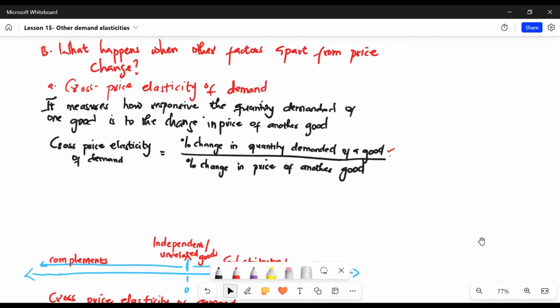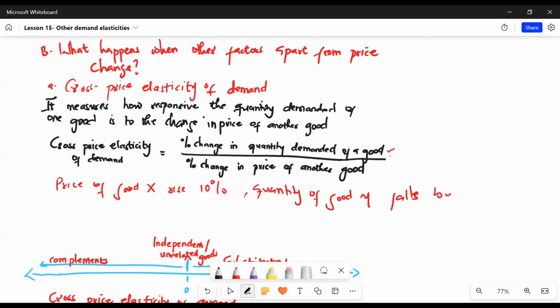So, for instance, if the price of good X rises by 10% and the quantity of good Y falls by 20%, then we can calculate the cross price elasticity for good Y as the percentage change in quantity demanded, which is 20%, divided by the percentage change in price of good X, which is 10%.